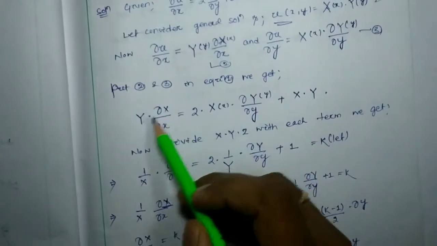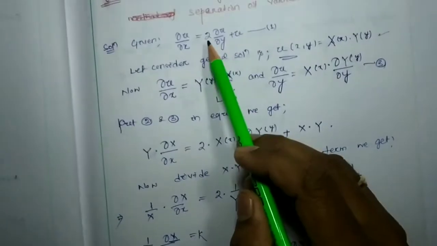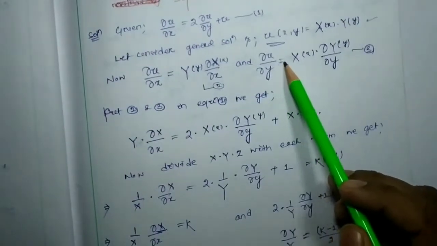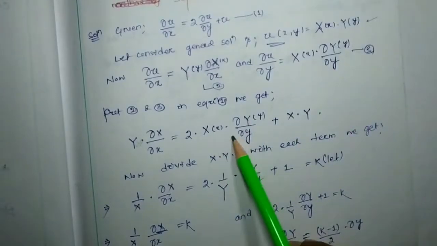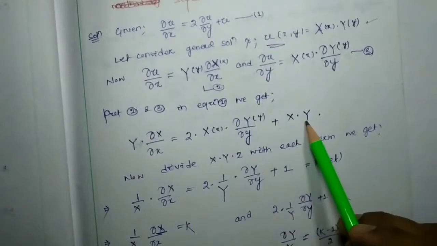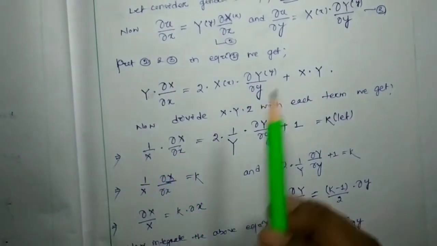So Y into del X by del x equals 2 times del u by del y, and del u by del y is this one, which I have substituted, plus X into Y, as it is u. Right, now we have to divide; we are following the steps.